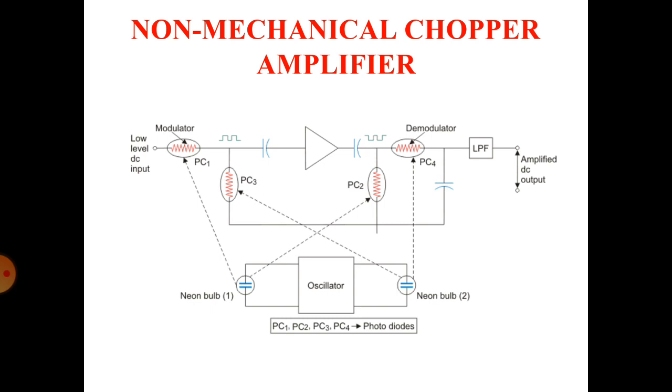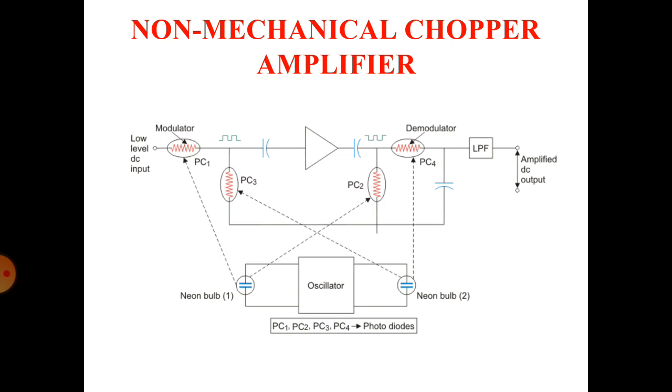After that it will be connected to the amplifier. After the amplifier it will be connected to the diode, connected with series resistance and capacitance. So this is the block diagram, or circuit diagram, of the chopper amplifier.